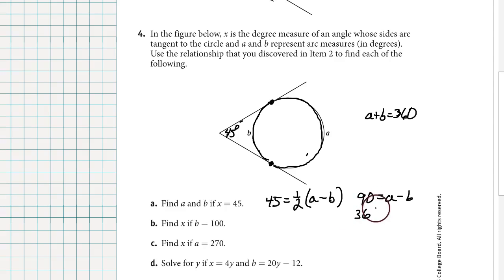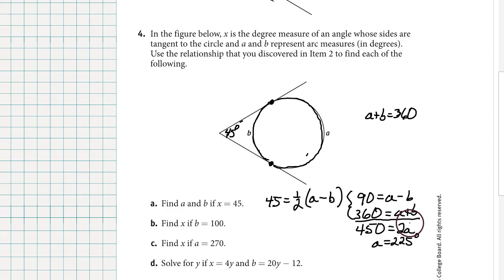I'm going to write that 360 equals A plus B right underneath that first equation we had written, and then add these equations together. In algebra class, this was called combination method. This makes 450 degrees equals A plus A is 2A, and negative B plus B cancels away. Divide both sides by 2, and we get that A is 225 degrees.